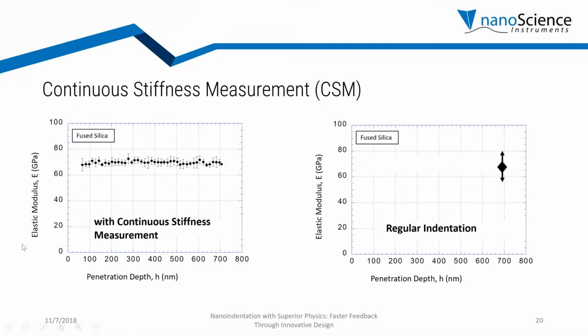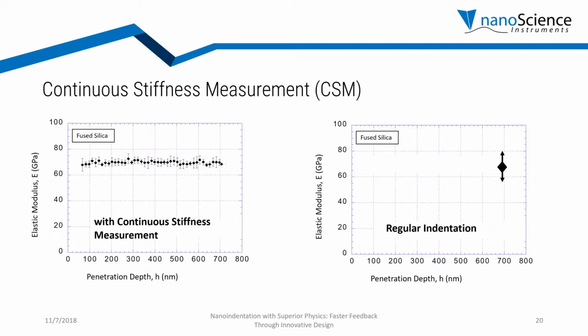Now, to make it very clear, let's look at these two graphs. On the left-hand side, you see the data that is collected with the continuous stiffness measurement. And so you're getting modulus and hardness at each depth while you're performing your experiments. It's less than a minute, and you're getting so much data. Now, with some other regular indentation techniques, what you'll get is just one data point, given on the right-hand side curve.